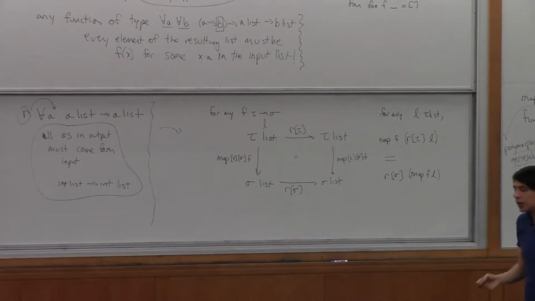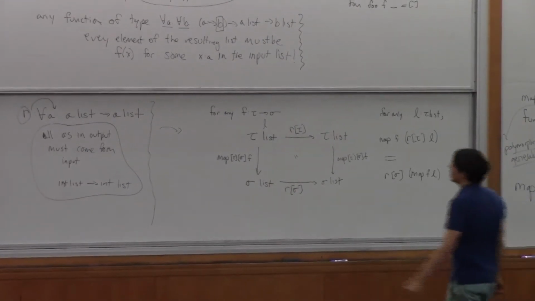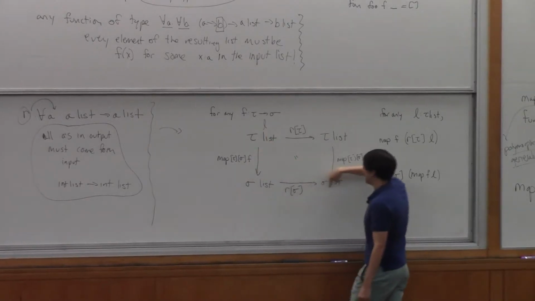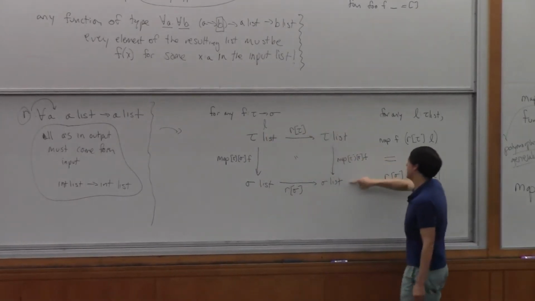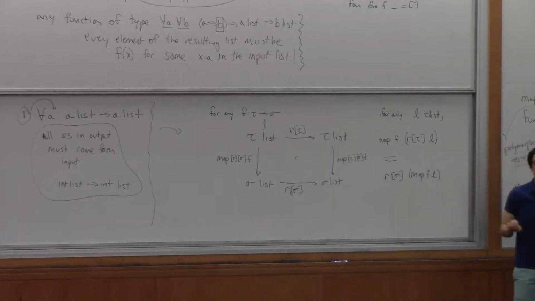So just as an equation between terms, the diagram commuting just means for any element of the source type here, L, if I go around that side or go around that side, then I get an equation. Okay? So is this plausible?